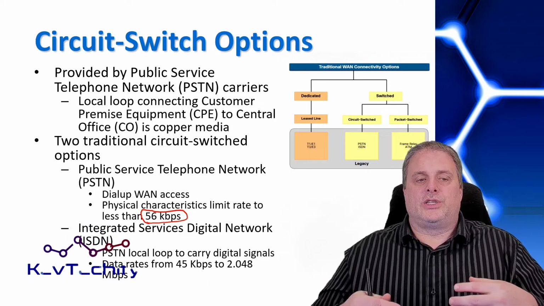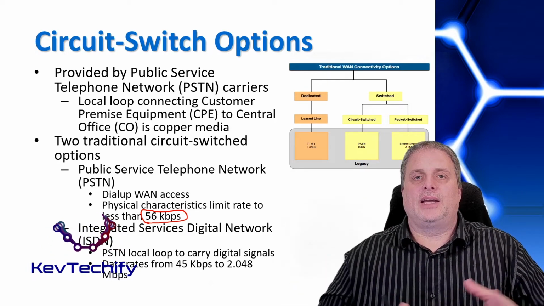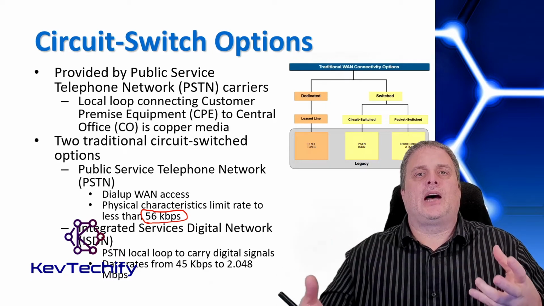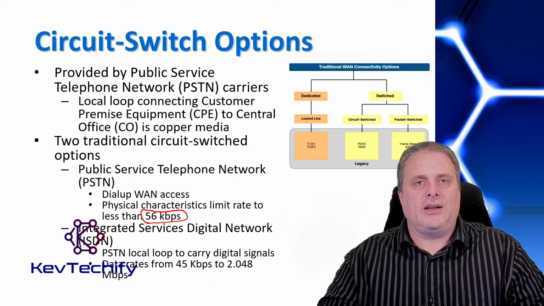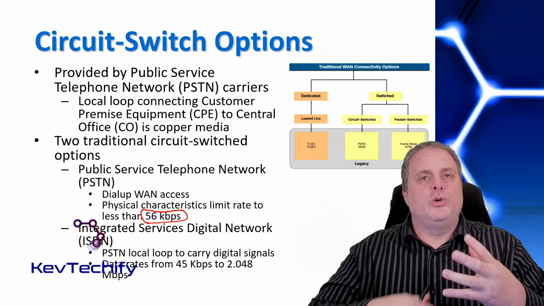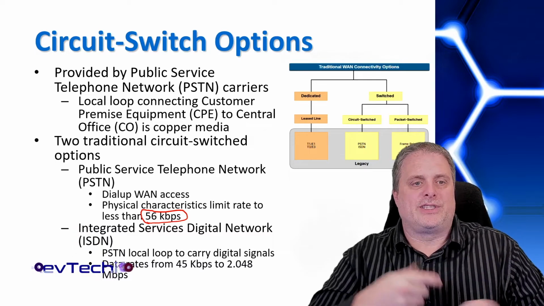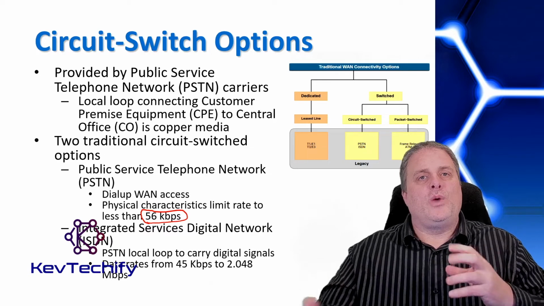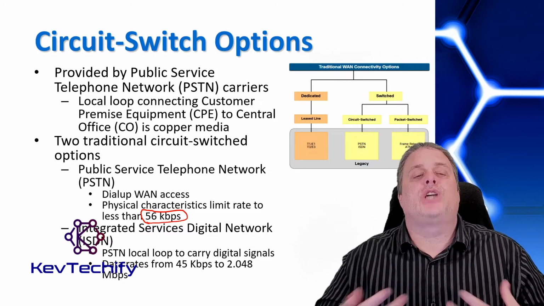Next step was to look at ISDN. ISDN used those same lines, but changed how they encoded and decoded data and took away basically that voice option. It was a loop to your central office using those same wires that the old telephone system used. But because of how we encoded and decoded the data, we could get much higher speeds.